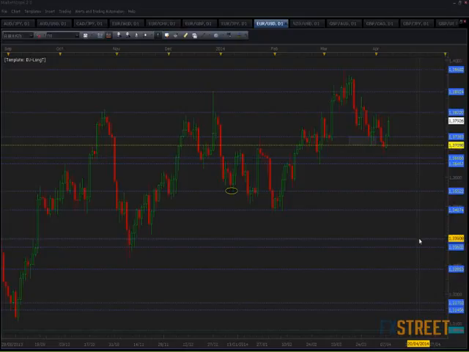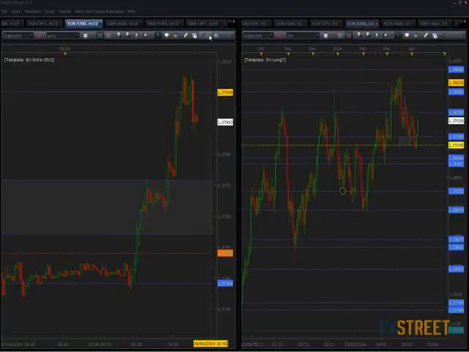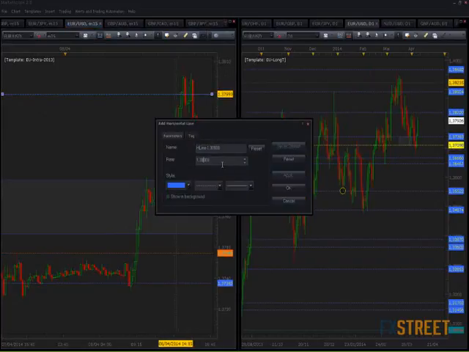So euro dollar, we tested 1.38. Let's look at the intraday. This is 1.38 today. It looks like not many sellers are appearing.